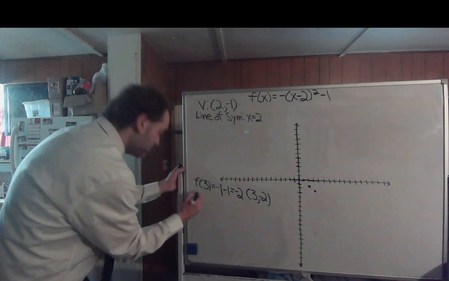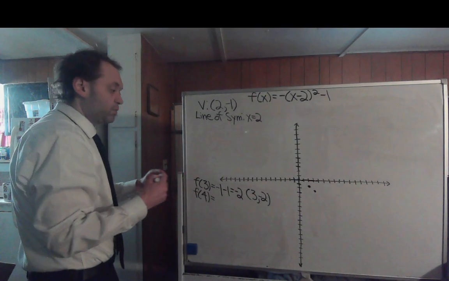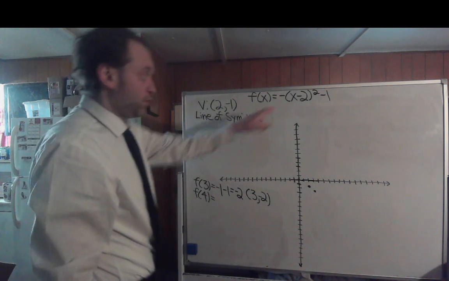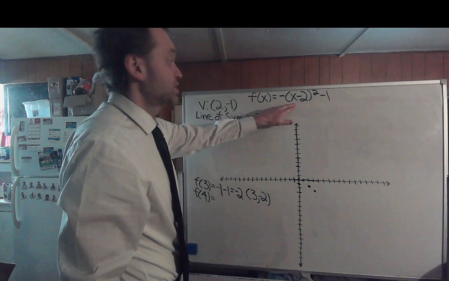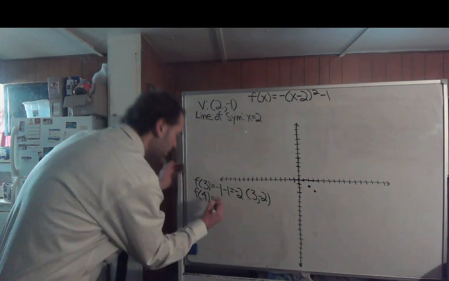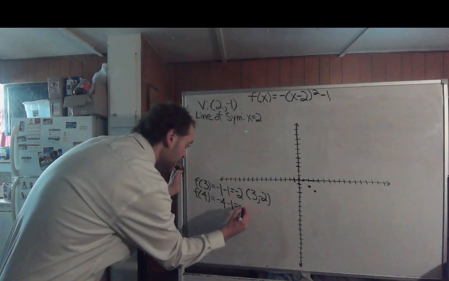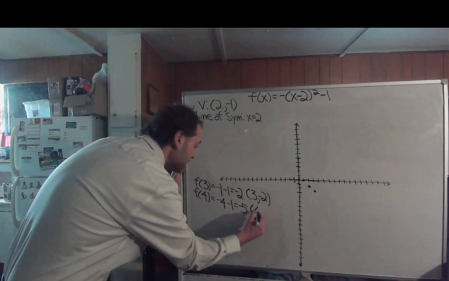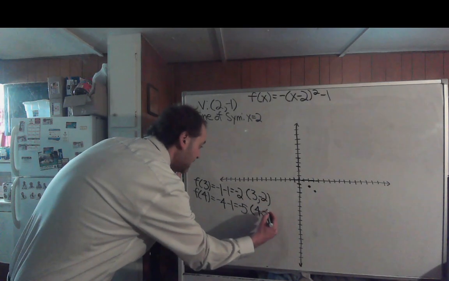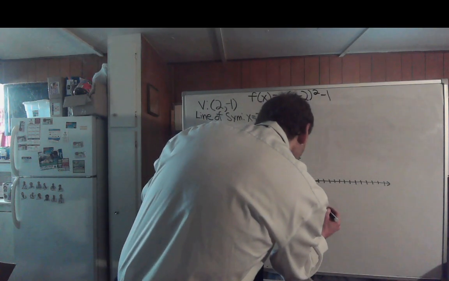Now, what if I put in f of 4? Put in 4 for my x-coordinate. 4 minus 2 is what? That's going to be 2 to the second power is 4, but I got to negate that. I'll end up getting negative 4, then minus 1 will give me negative 5. So I'll end up getting the point (4, -5), which will put me right here.